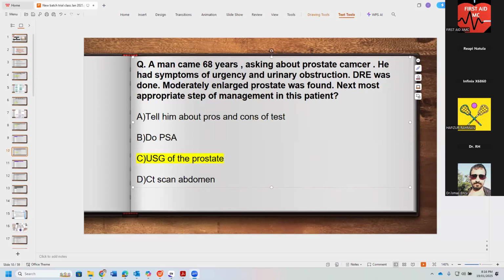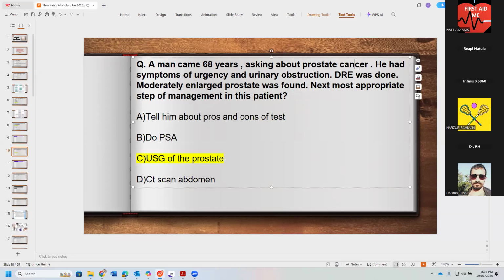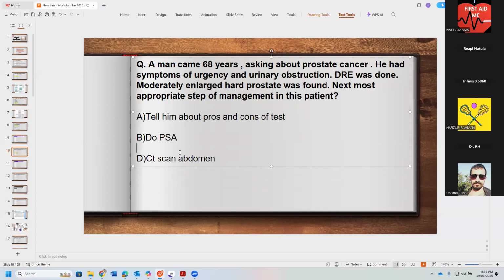All right. He wants to know about prostate cancer. Moderately enlarged hard prostate was found. Next most appropriate management of this patient.